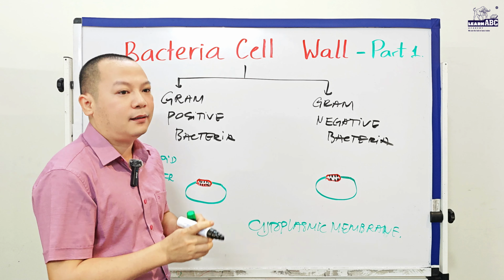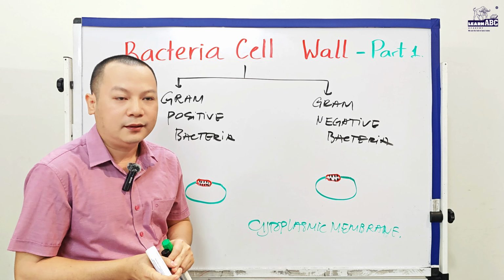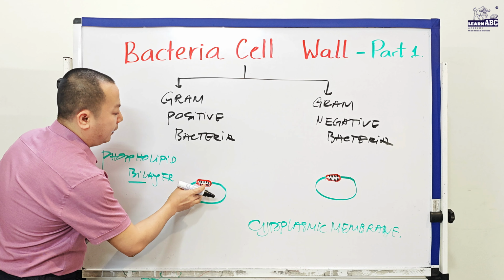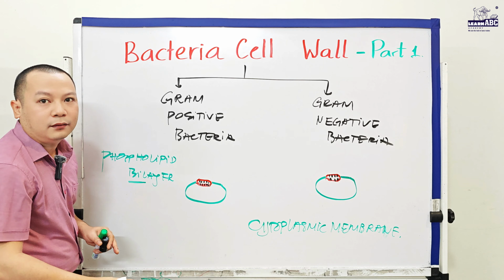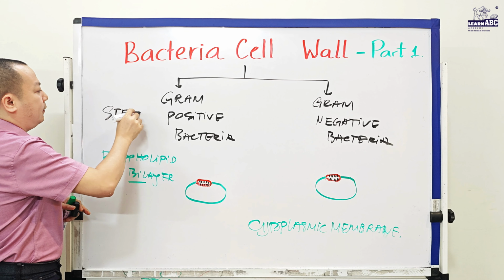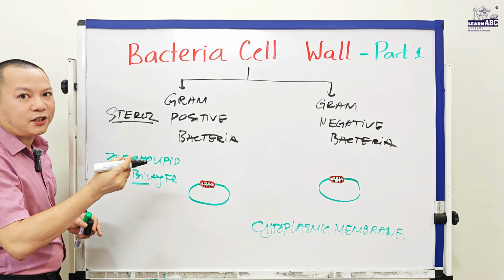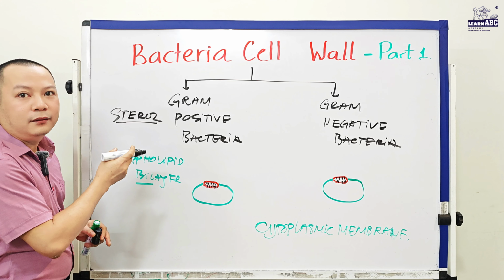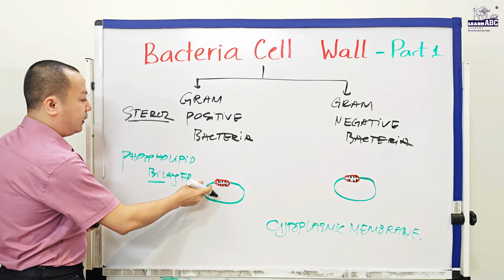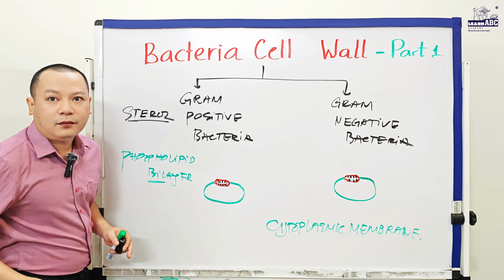The sterol of the human cell is cholesterol. But in the bacteria, in this layer, they don't have sterol. So sterol is the cholesterol in the human cell. Bacteria don't have sterol. So that is the difference between the human cell and the bacteria cell.